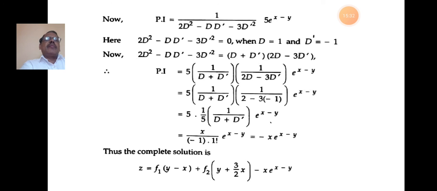Substitute for the second term D = 1 and D' = −1: 1/(2 − 3(−1)) = 1/5. So the 5 cancels, leaving 1/(D + D') · e^(x−y).